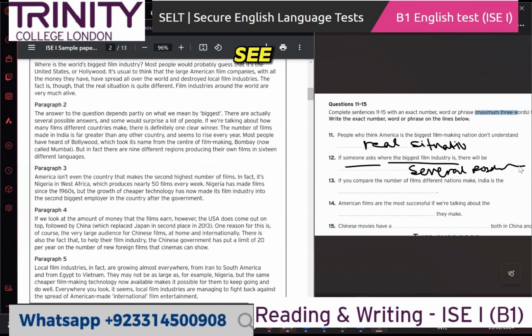Compare the number of films different nations make, India is the blank, in the second line. Give me the exact word or phrase.